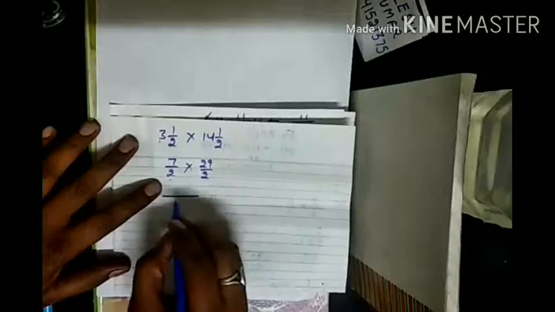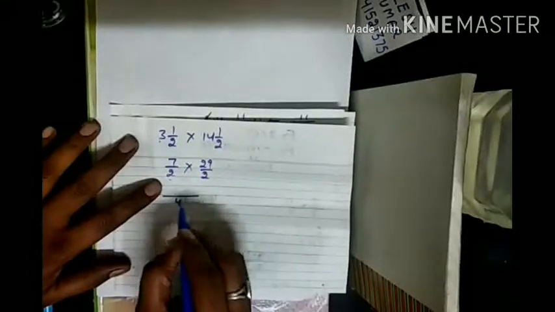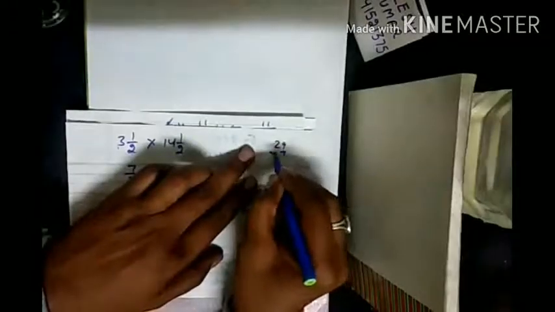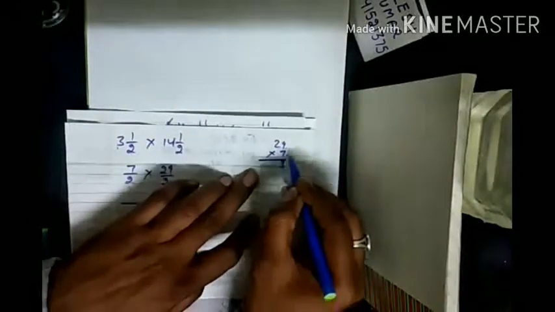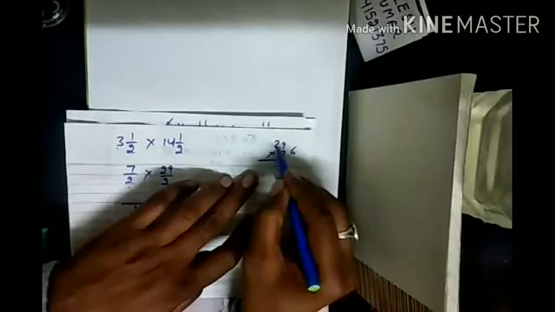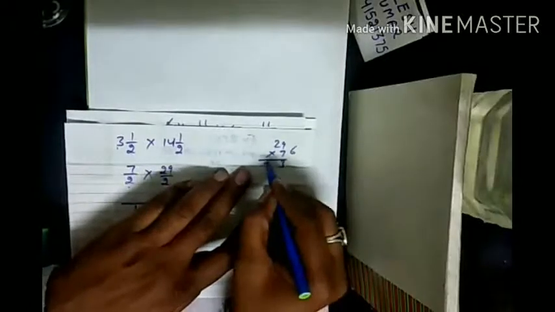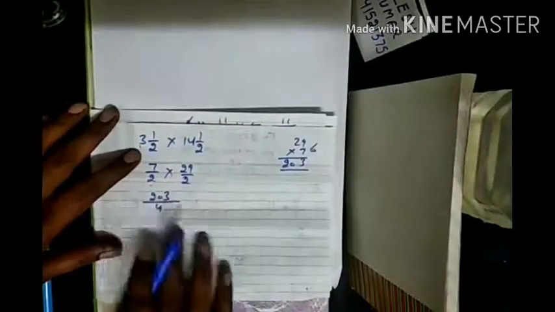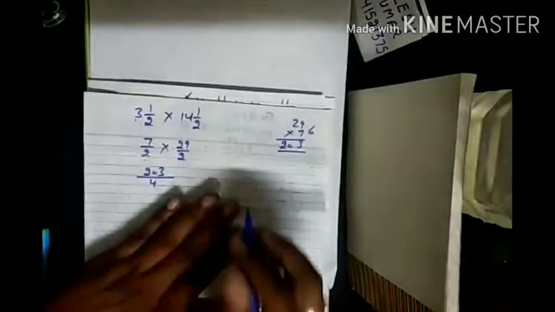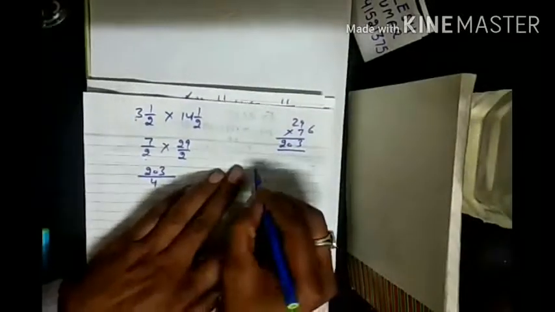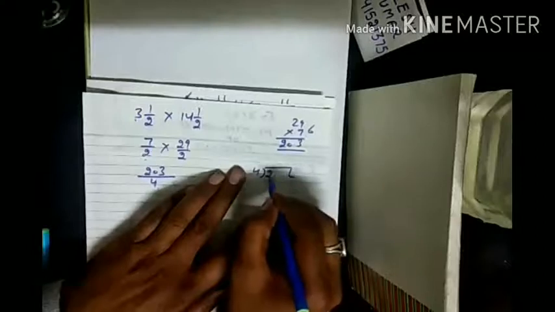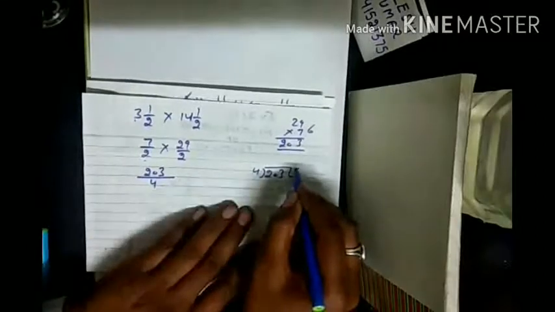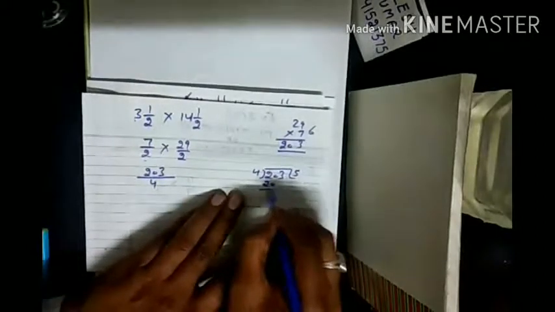2 multiply 2 is 4, and 29 multiply with 7: 7 9s are 63, 7 2s are 14, 14 plus 6 is 20. So the answer is 203 over 4. Now this is an improper fraction, so we will convert it into a mixed fraction. 203: 4 5s are 20.